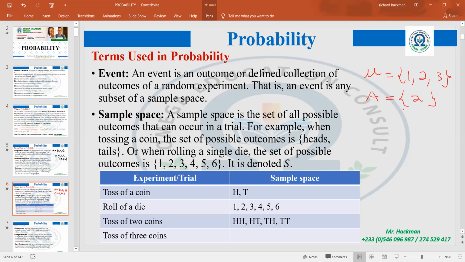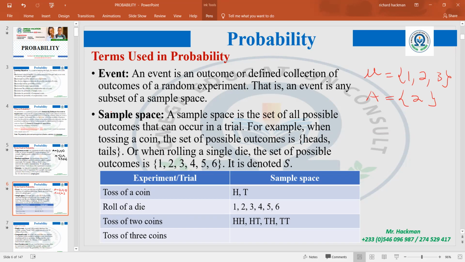The event. So event basically will be the same as subset in terms of sets. However, this time around, it will be a subset of a particular universal set. And universal set in terms of probability is what we call the sample space. That's all. So indirectly, I've explained the term sample space.